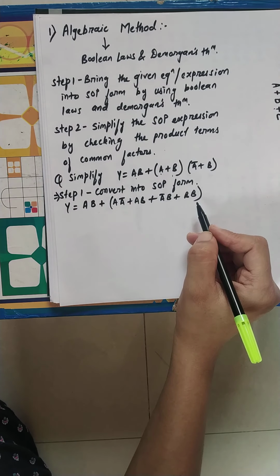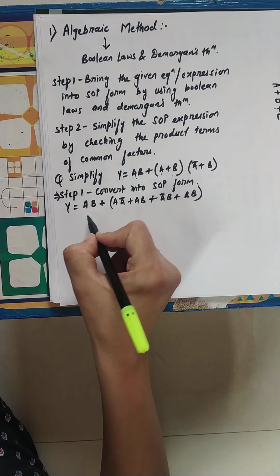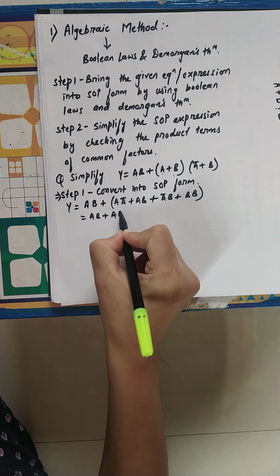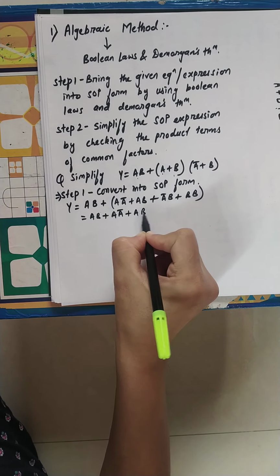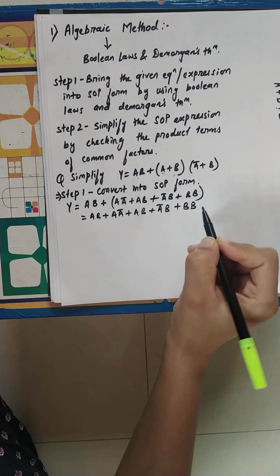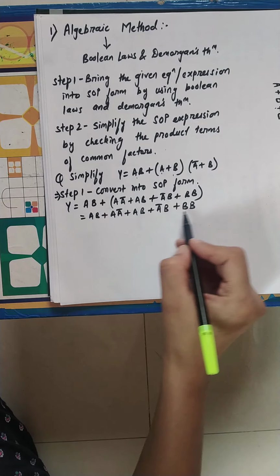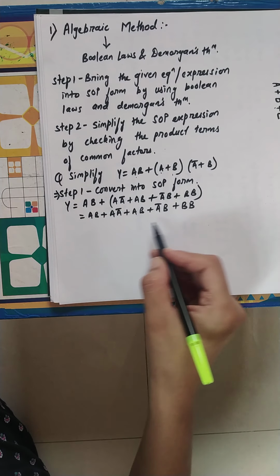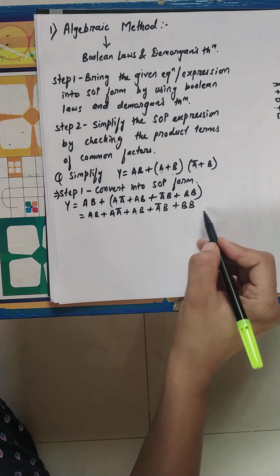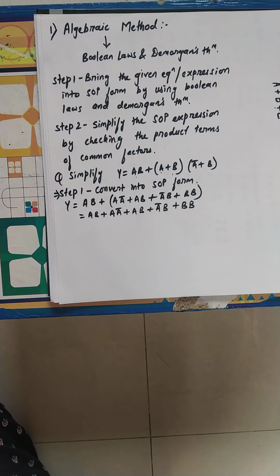Now you can see that this equation is in SOP form, right? These are product terms, and these product terms are summed together, so this equation is called SOP form.